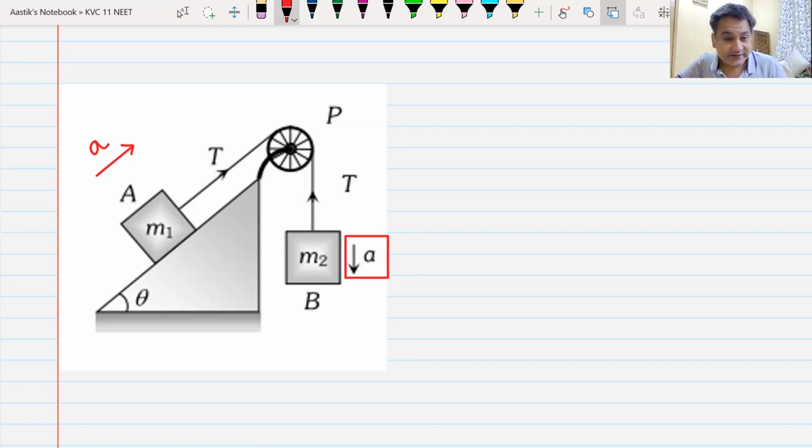The question still remains the same. Can you tell me what is the acceleration of the system? Again, we have done so many problems on a concept, and I hope you can apply that concept. I'll give you 2 minutes. If you can apply it on your own, nothing like it.